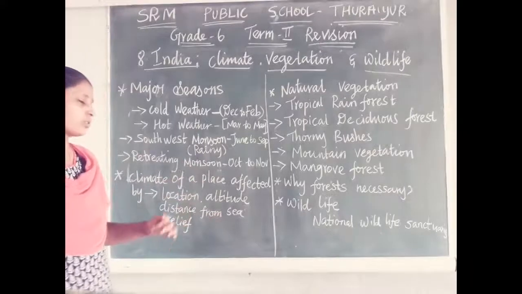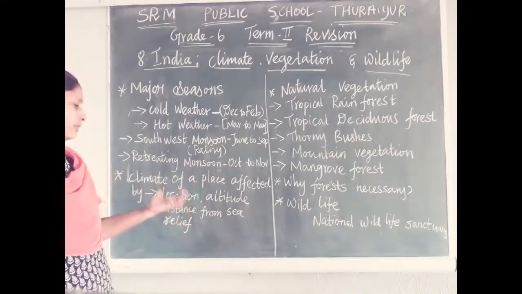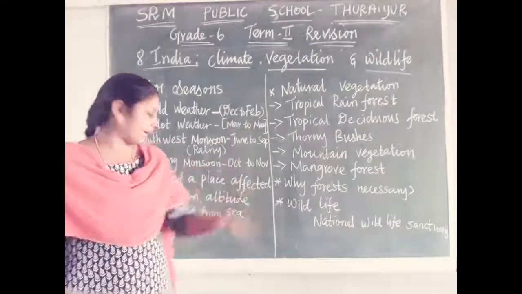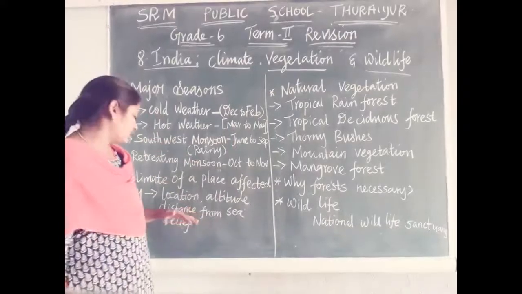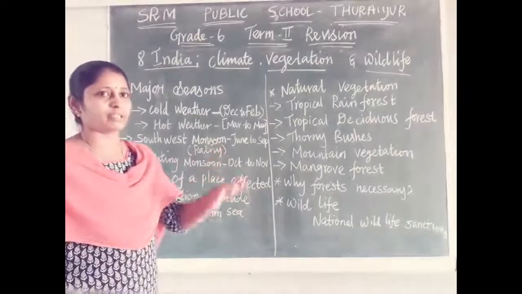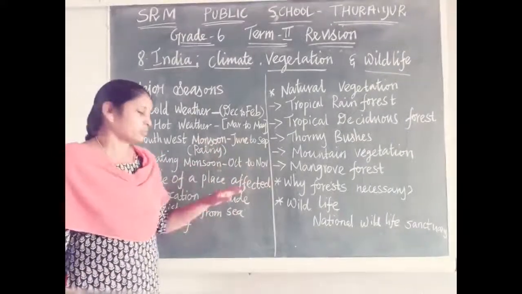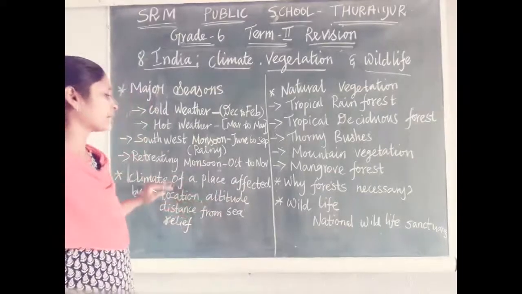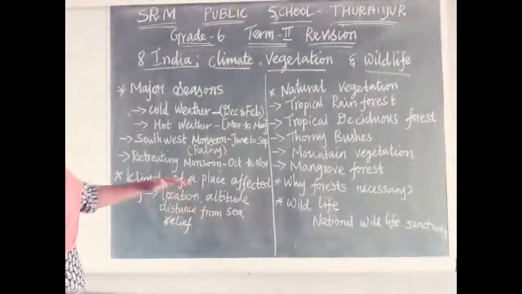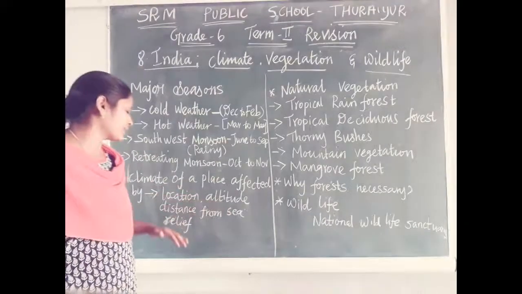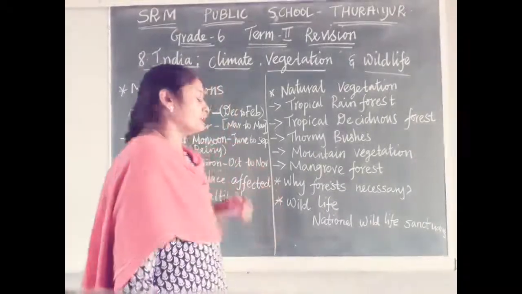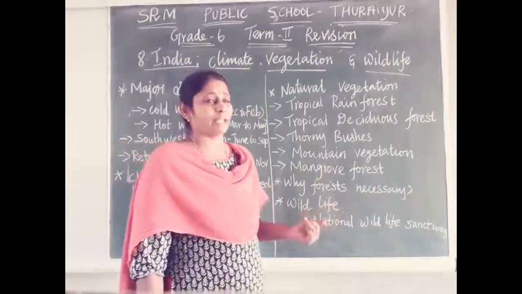The location of the area, the altitude, meaning the height of that place, the distance from the sea, and the relief. So these are the factors that affect the climate condition of your place, right?